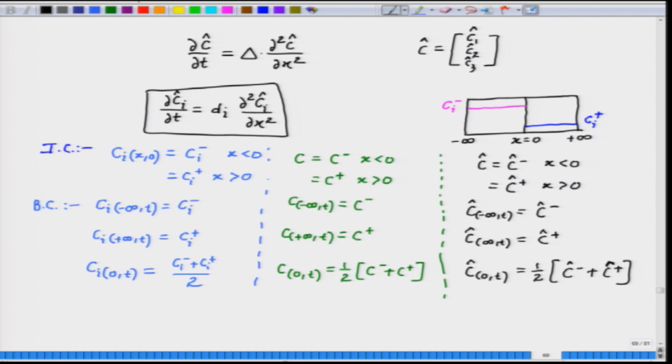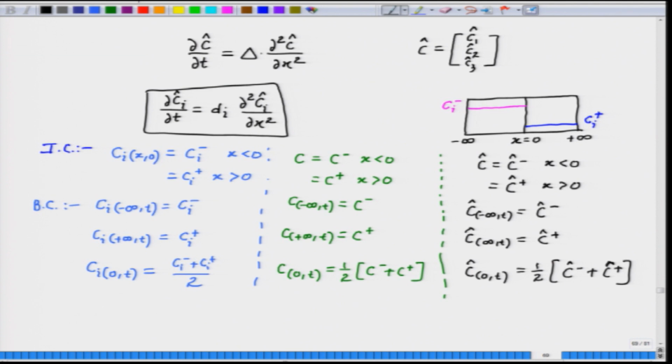So, if we write in terms of individual components Ci's or Ci caps, then we will see that now we have obtained a decoupled partial differential equation with the initial and boundary conditions which we have solved before for binary diffusion, right.